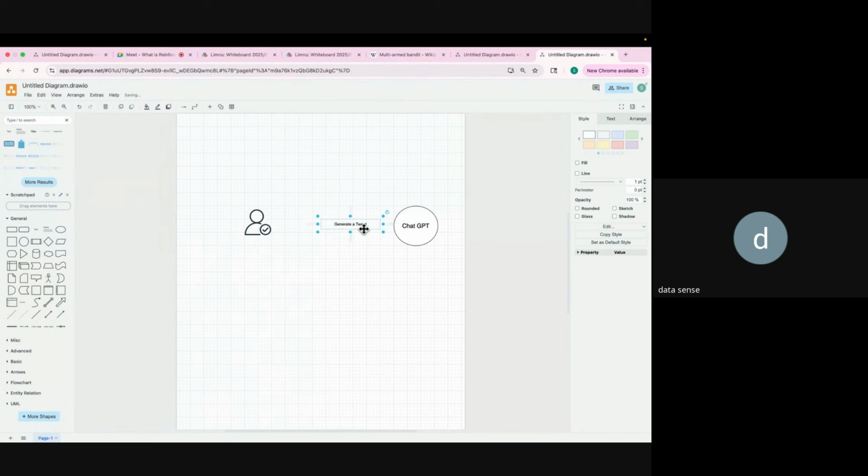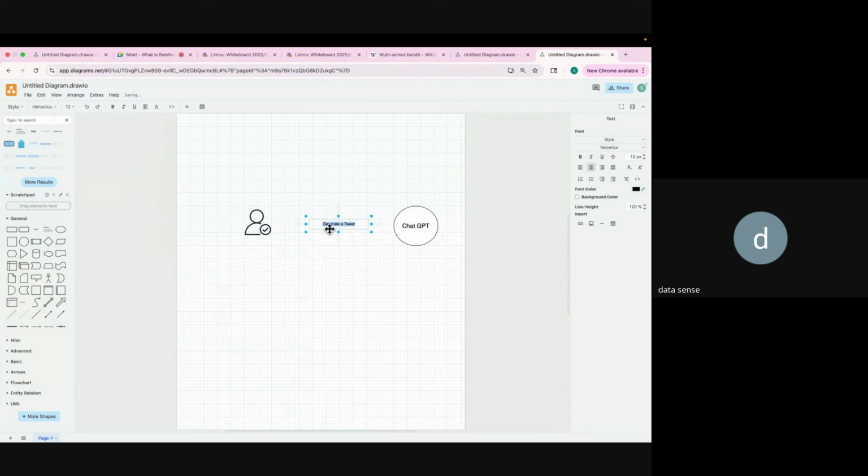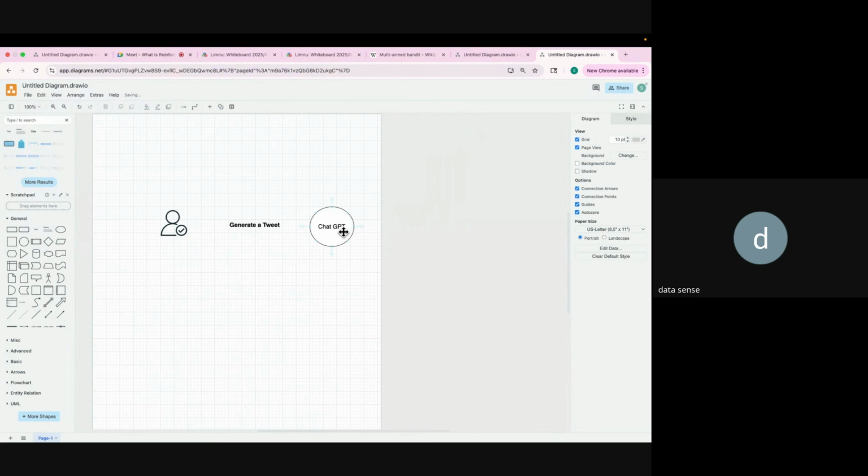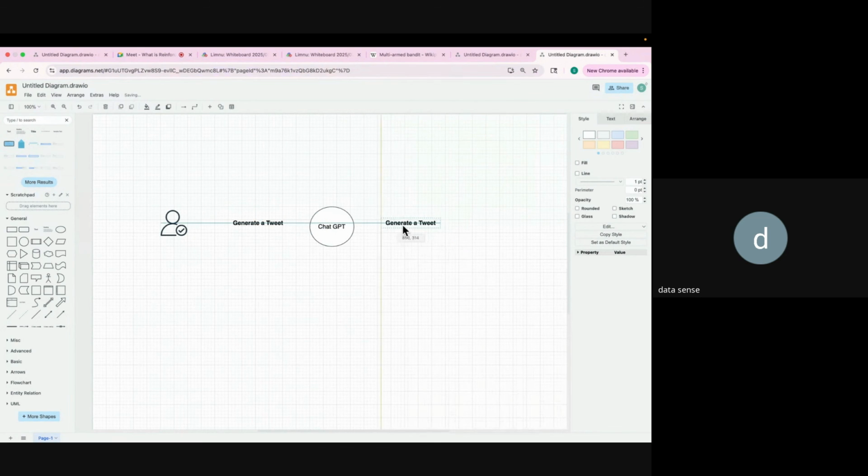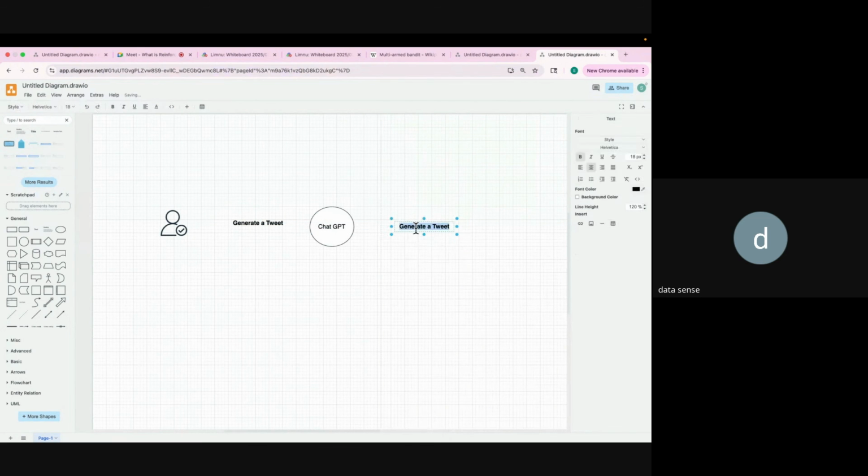So you ask ChatGPT to generate a tweet. Now what will happen? ChatGPT will generate a tweet for you. Let's say it gives a tweet, anything, X, Y, Z. Let's say it has generated tweet 1.